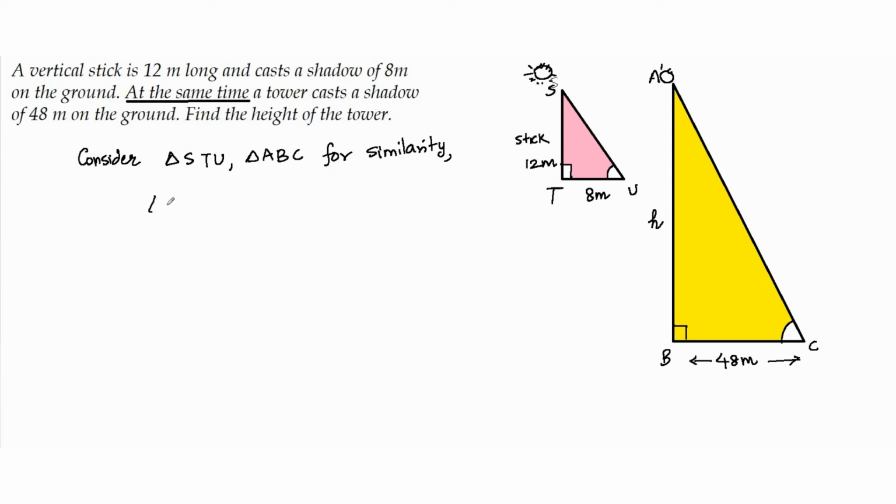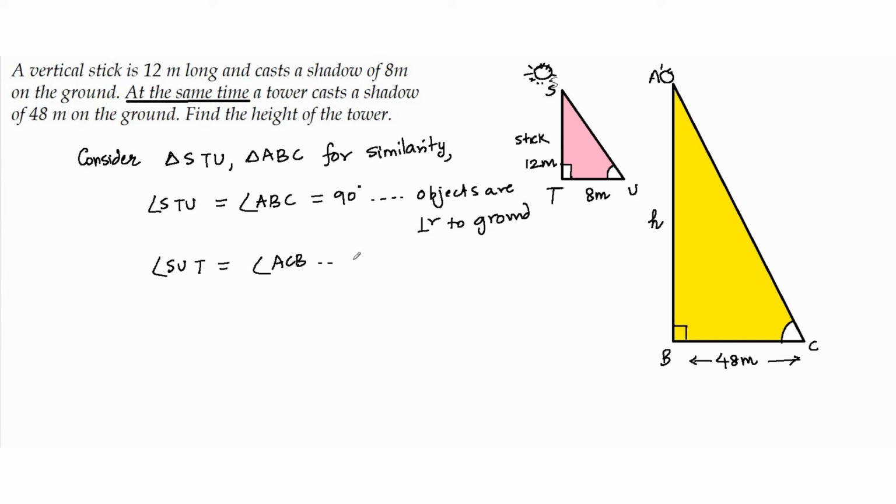Now we have angle STU equal to angle ABC, because that's 90 degrees; the objects are perpendicular to the ground. And we also have angle SUT equal to angle ACB, again because the objects are observed at the same time.